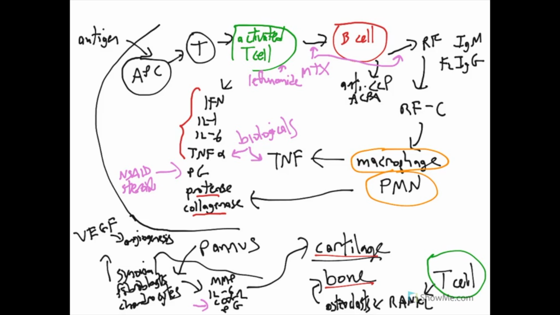And then we started to get the second-line ones, things like Orencia. And that acts way over here. That is a T-cell activation blocker. And then we also have Actemra, which is an IL-6 blocker.